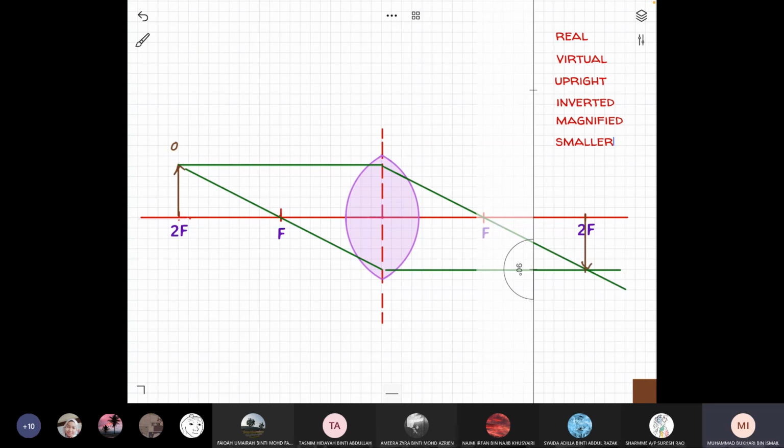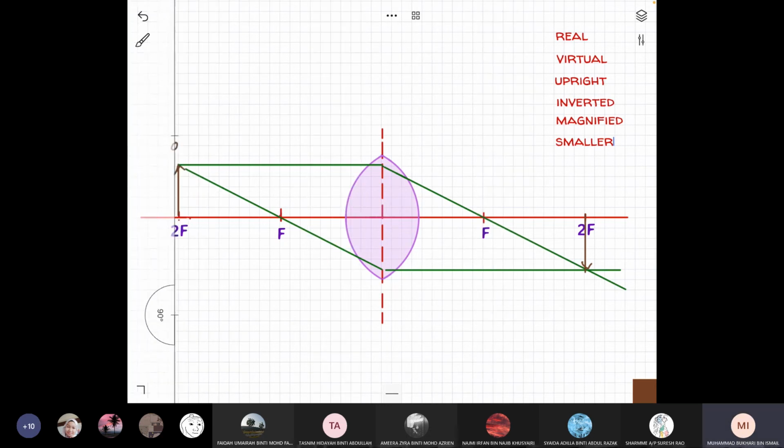Now let us look at the characteristics. It is real, because there is an intersection of the lines, and it can be formed on the screen.